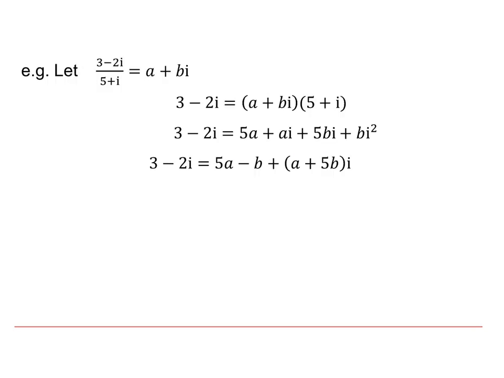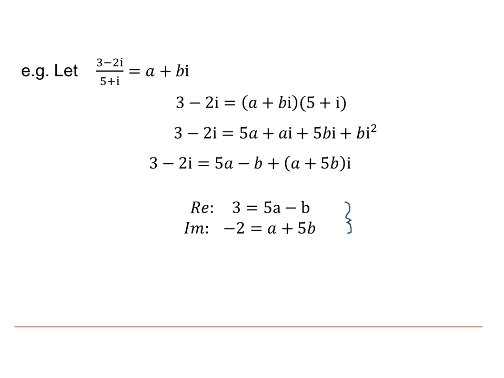If we look at the real part first, on the left hand side we've got 3, and on the right hand side we've got 5a minus b. Therefore 3 must be 5a minus b. The imaginary part on the left hand side is negative 2, and on the right hand side a plus 5b. These are two simultaneous equations which can be solved.